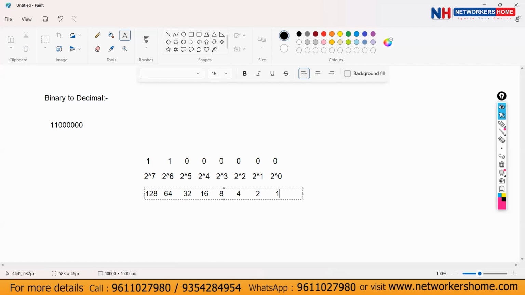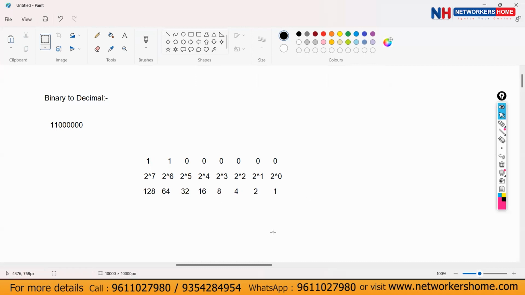Anything to the power 0 is 1. So these values we need to multiply with these digits. 2 power 0 is 1, 2 power 1 is 2, 2 power 2 is 4, 2 power 3 is 8, 2 power 4 is 16, 2 power 5 is 32, 2 power 6 is 64, and 2 power 7 is 128.